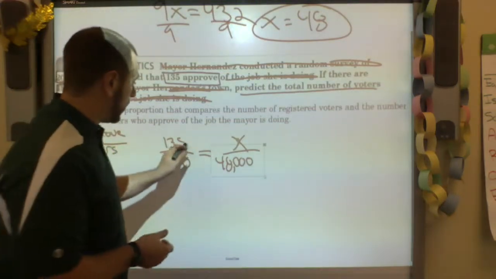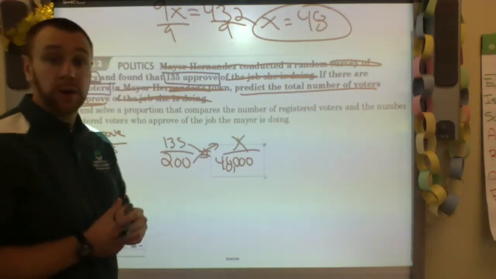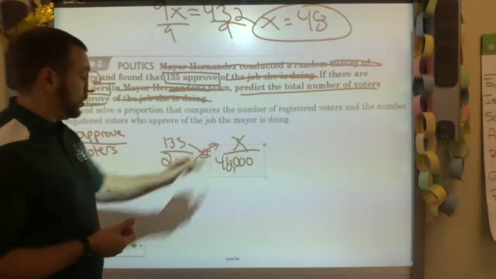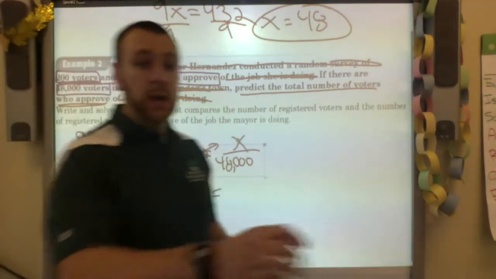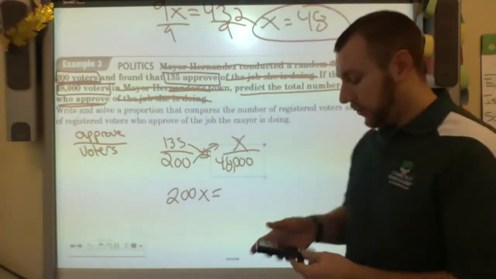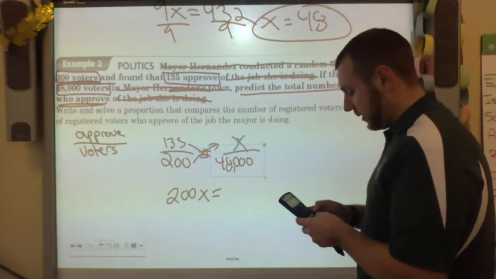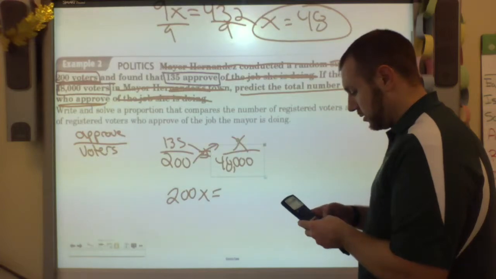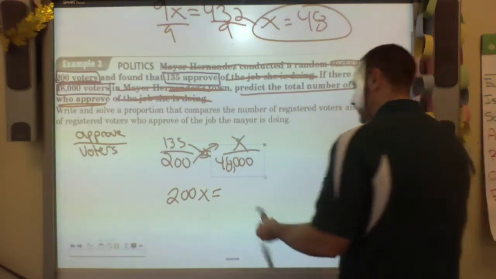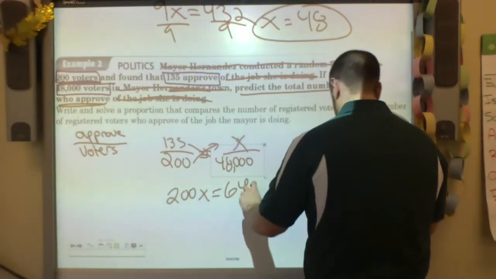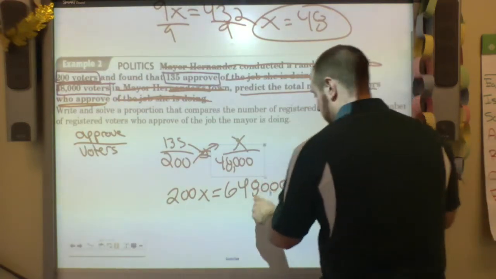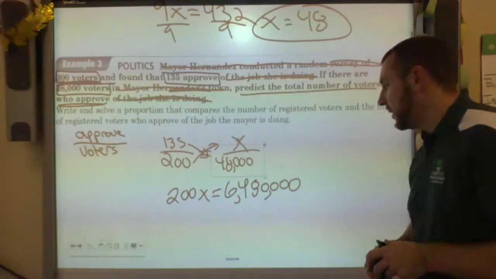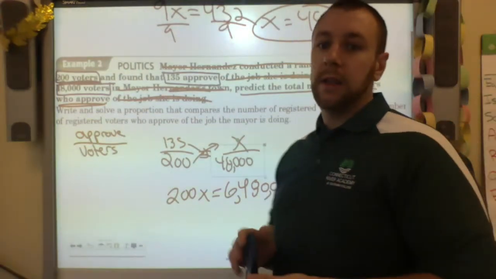So now I cross multiply and I solve. So I would do 200 times x, which is 200x, equals 135 times 48,000 is a very long number. 6,480,000.